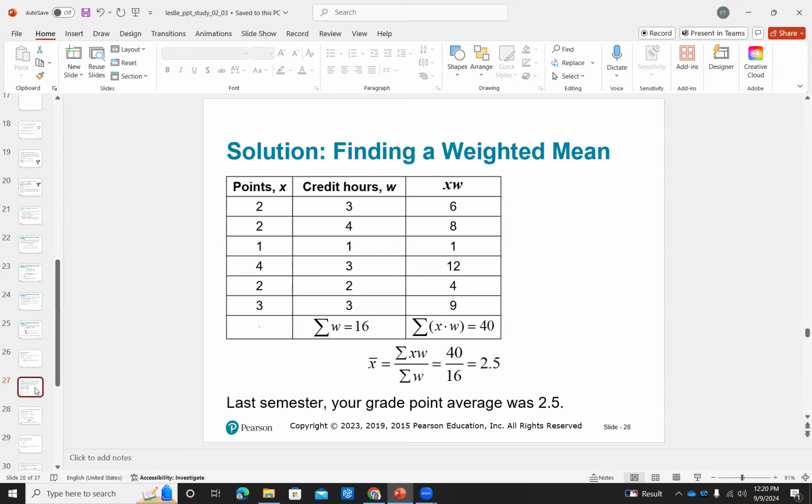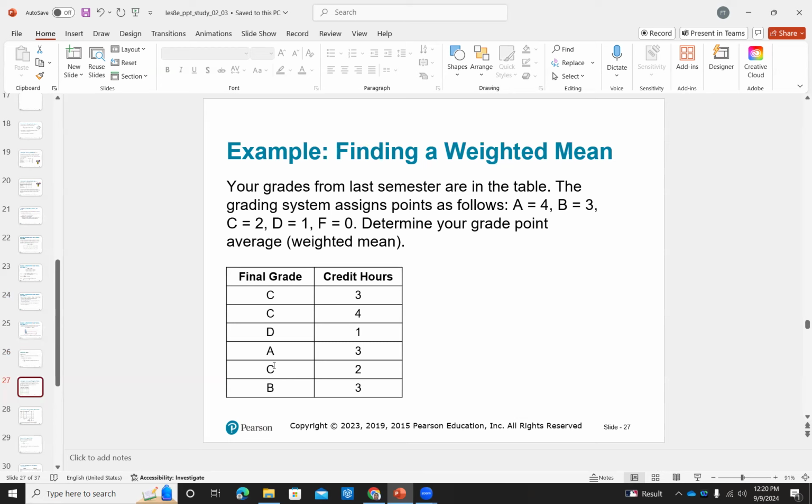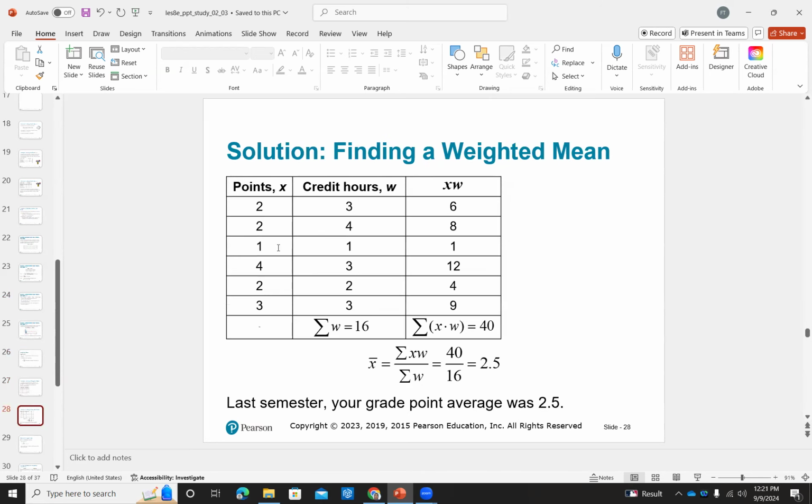First, in the chart we have the grades as letters A through D, where A is 4, B is 3, C is 2, D is 1, and F is 0. So the first thing is we change those letter grades to their corresponding points. Then we copy the credit hours for each class that received that letter grade.